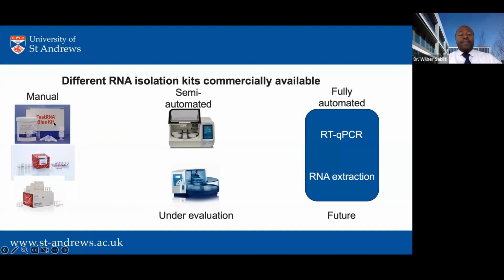These include the FastRNA Pro kit, the Qiagen RNeasy, the PureLink from Invitrogen, and a number of other total RNA isolation kits can also do the job. But you need to make sure that you have the lysing matrix. The beads are very important to break open the bacilli.